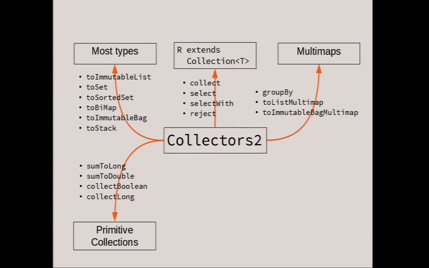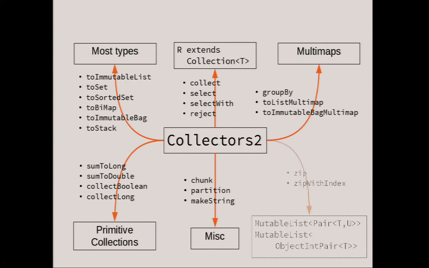So, for example, collectBoolean will produce some kind of boolean collection, which is a primitive boolean collection, right? I mentioned we have a full set of primitive collections. A few miscellaneous ones here, and then a couple which make use of pairs. Pairs, again, are a fairly standard functional language construct that is included here. General pairs, that is.